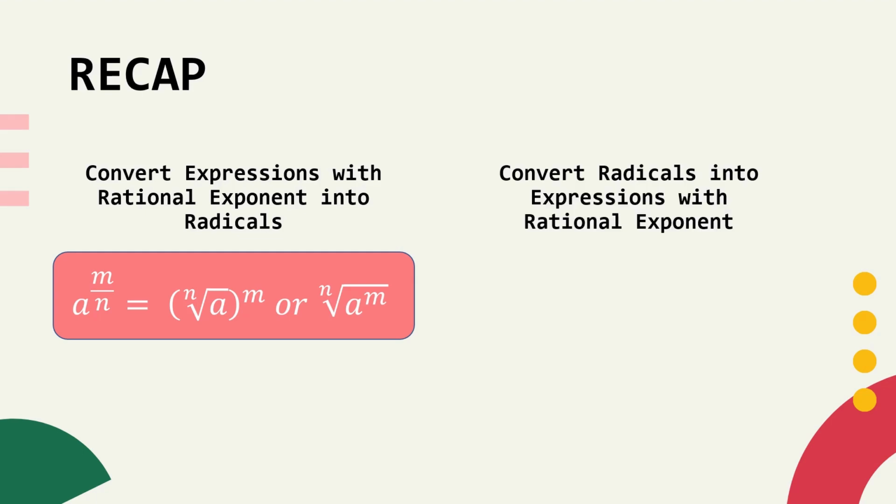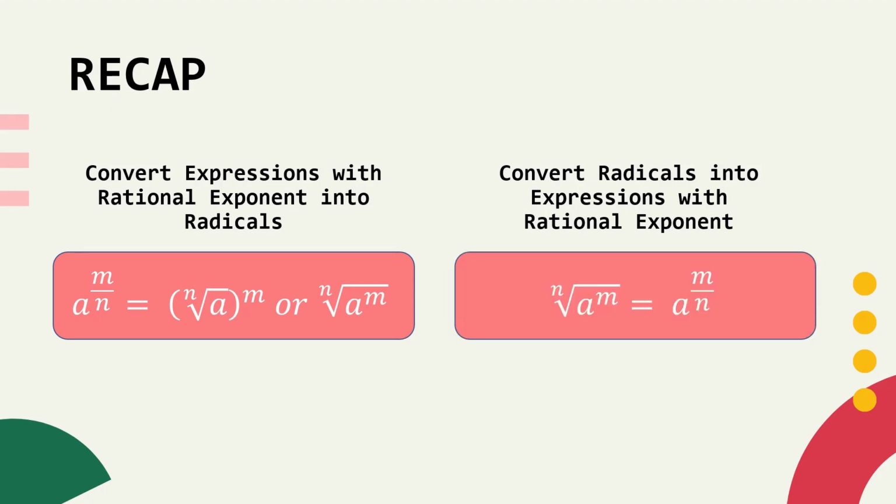On the other hand, in converting radicals into expressions with rational exponent, we have this rule. The nth root of quantity a raised to m is equal to a raised to m over n. It is important to remember these rules, as these rules will help us easily convert expressions with rational exponent into radicals and vice versa.